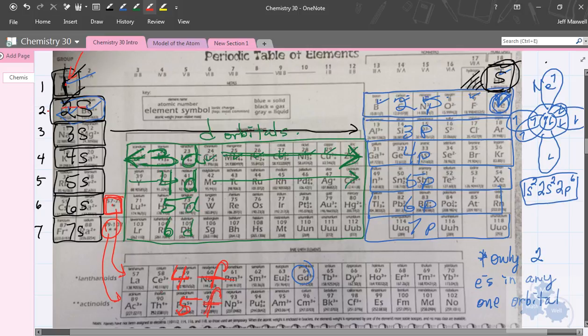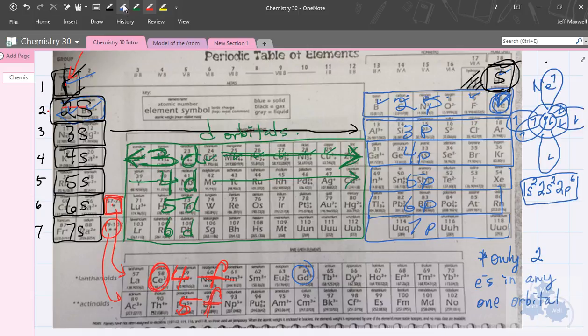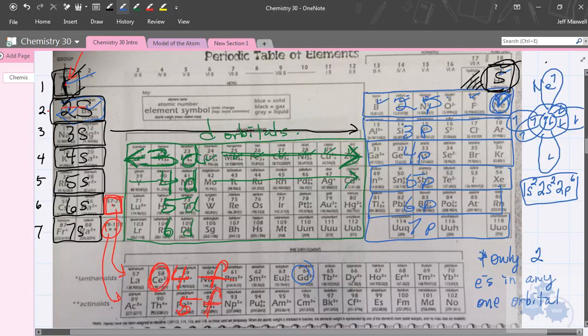So if we look at something like cerium here, okay? Right here, number 58. If we take a look at that, the filling order for all of the electrons, there's 58 of them, right? There's 58 of them in cerium. The filling order would be as follows. 1s is first, then 2s, then 2p, then 3s, then 3p.